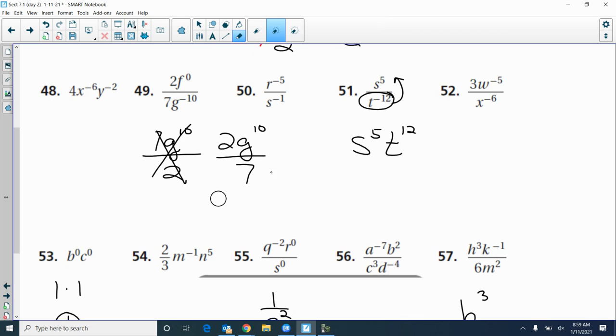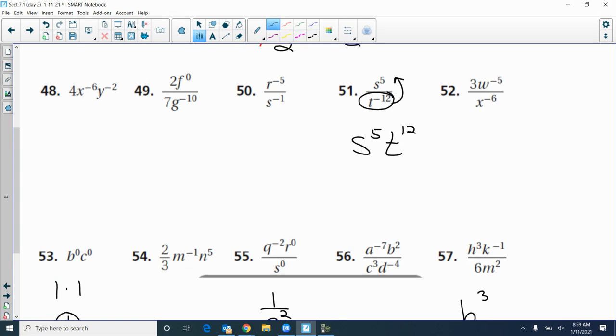So take a look at 48. I know you didn't have to do it, but we're going to do it now. Jay Lee, what do you think? Is it 4x over y squared?